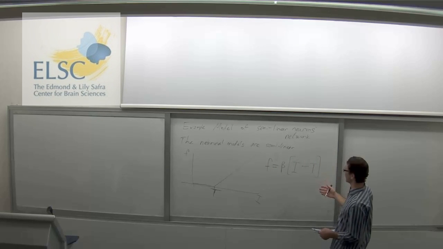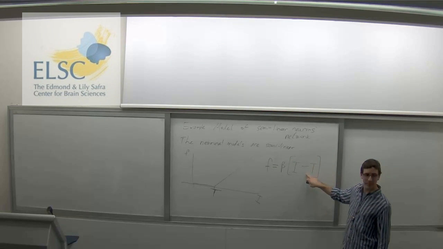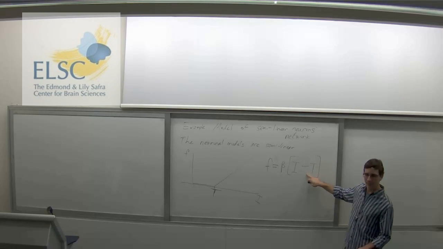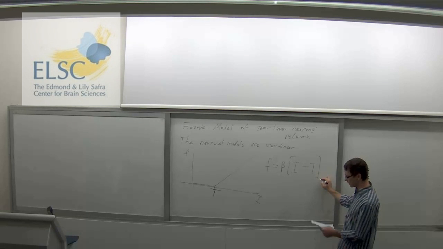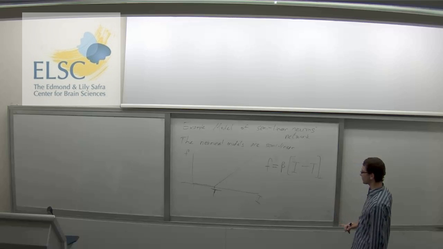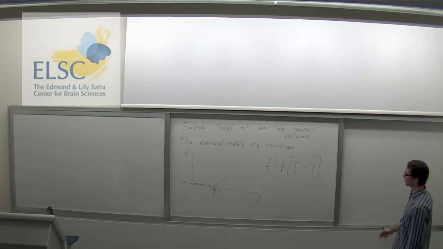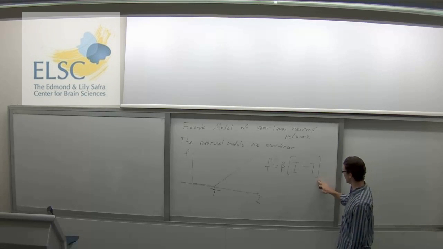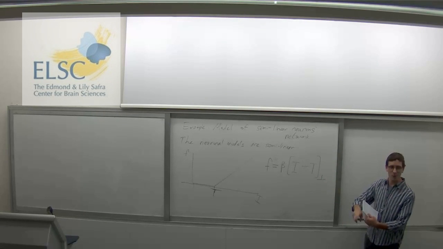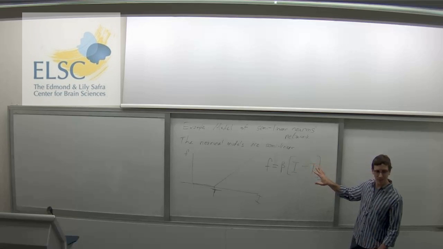And how do I take care that if I is less than t, we get 0? There's a way: you can just write a plus here. Okay? So this plus sign means the positive part of what is written here in the brackets.